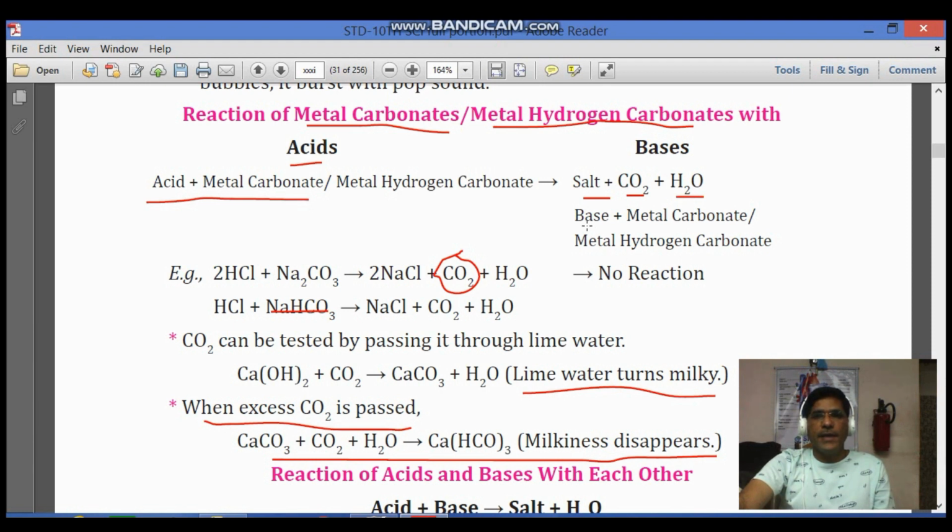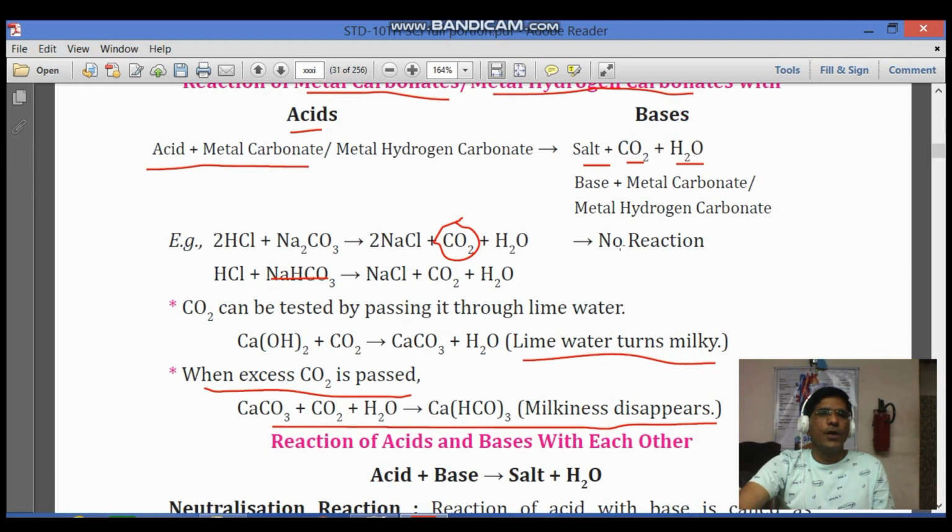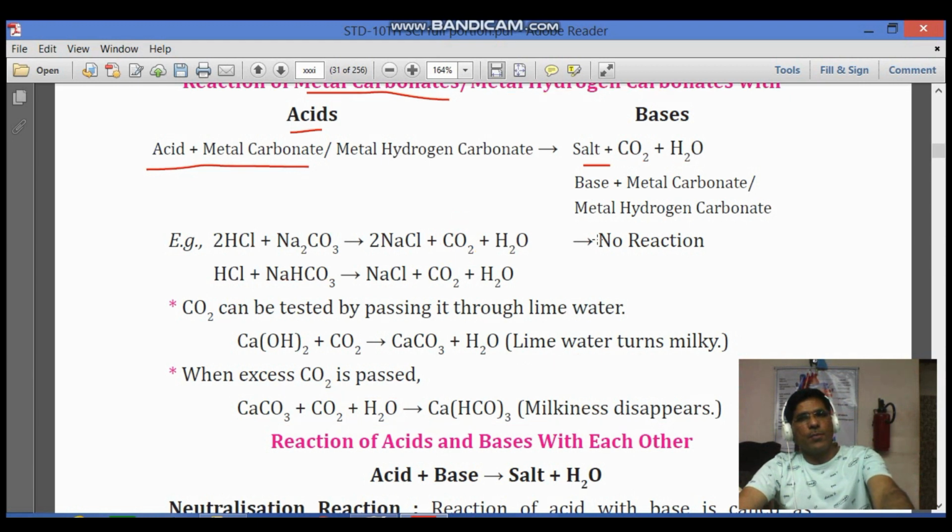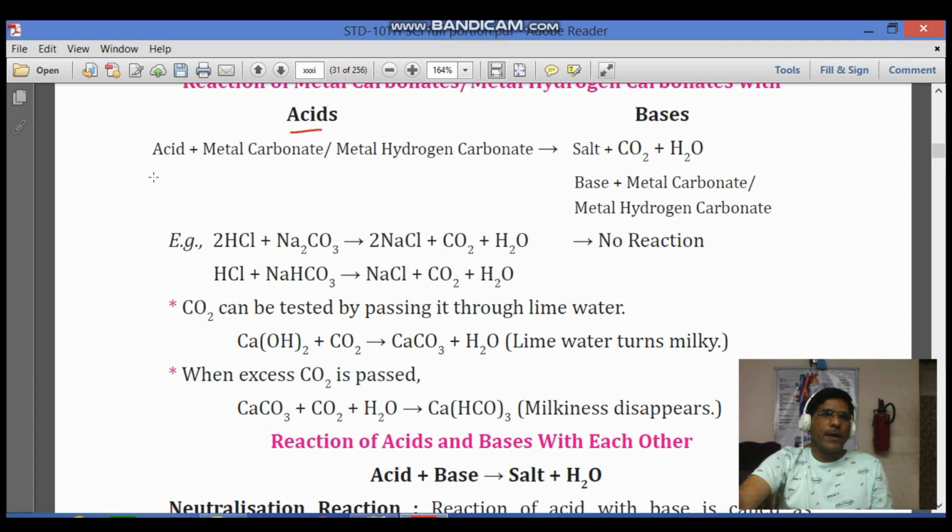Now base with metal carbonate or metal hydrogen carbonate, no reaction. You have to remember that. Mostly in your text that is not properly given. So our concept is: acid with metal carbonate or metal hydrogen carbonate gives salt, water and carbon dioxide gas.